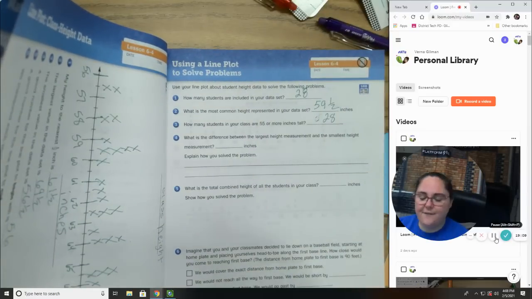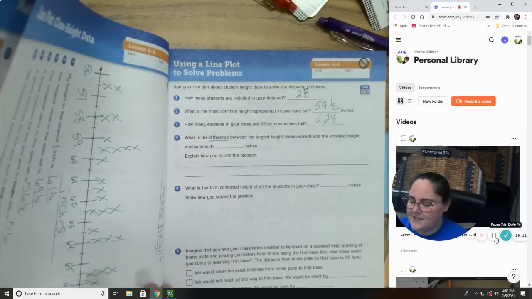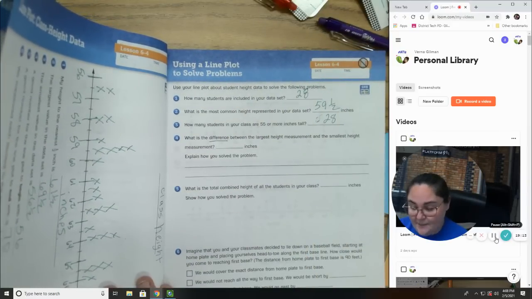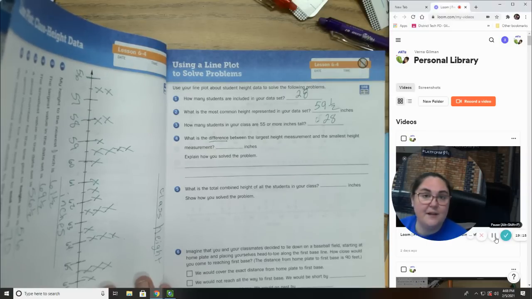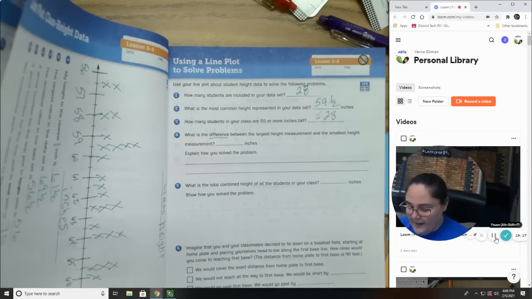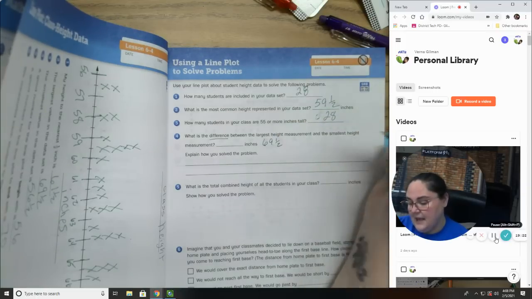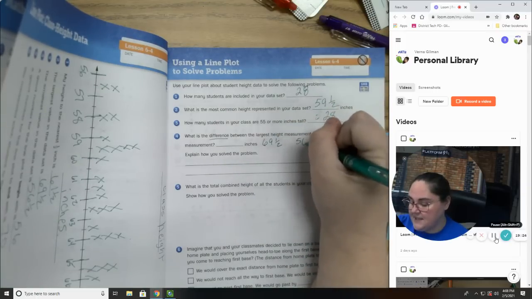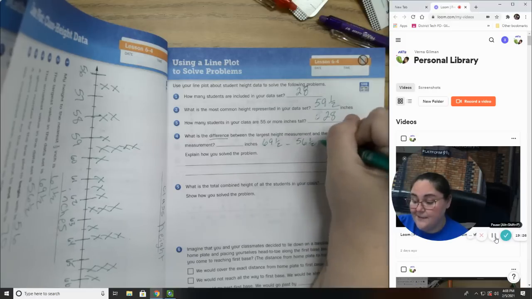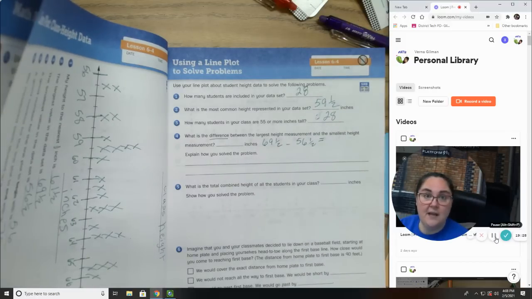What is the difference between the largest height measurement and the smallest height measurement in inches? Okay. Well, my largest was 69 and 1/2. And my smallest was 56 and 1/2. So I need to subtract to find the difference, right?